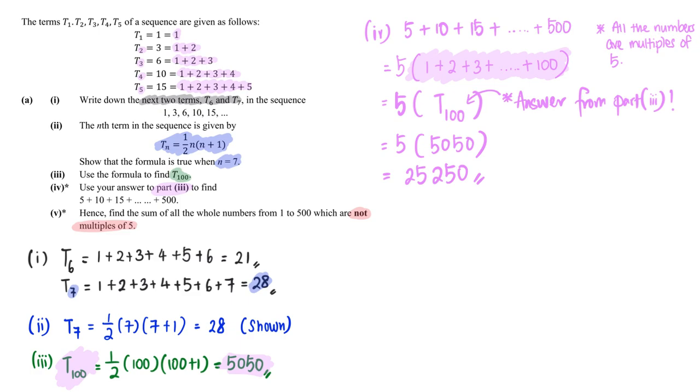Okay, so now we need to add up from 1 to 500. Okay, so for part 5, 1 plus 2 plus 3 plus 4 plus all the way to 500.